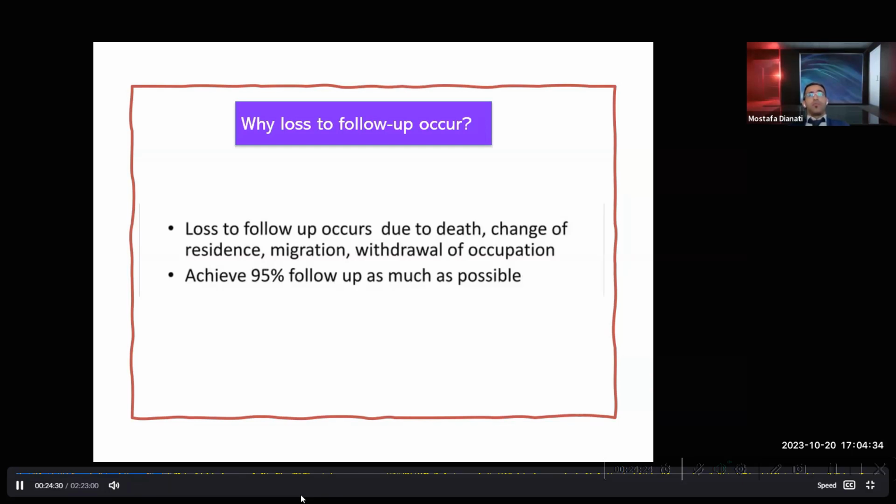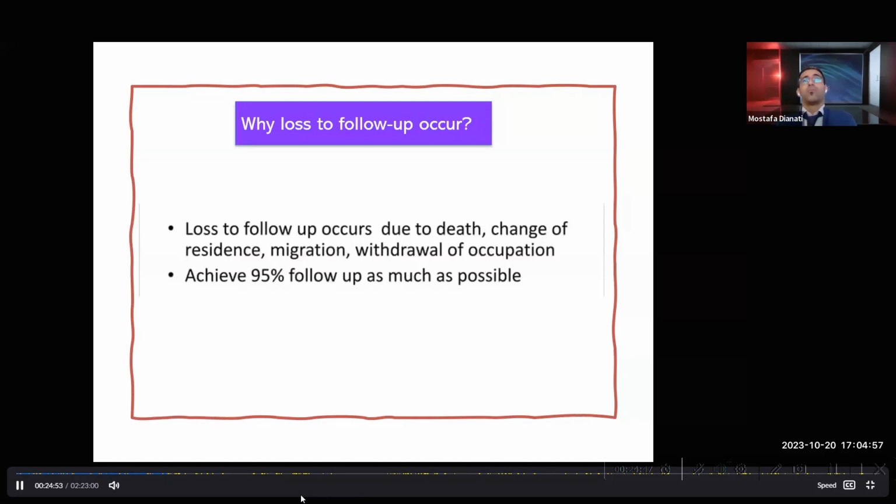And this can happen due to death, change of residence, migration, and maybe sometimes they really don't like to continue our study. Because participation in this study is voluntary, you cannot obligate any individual to stay in your study.